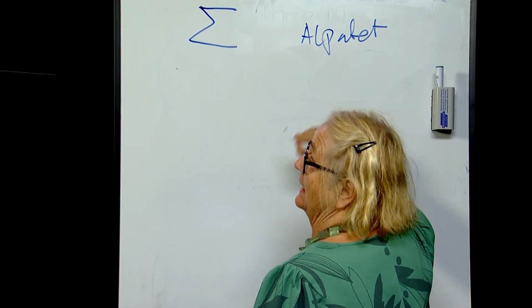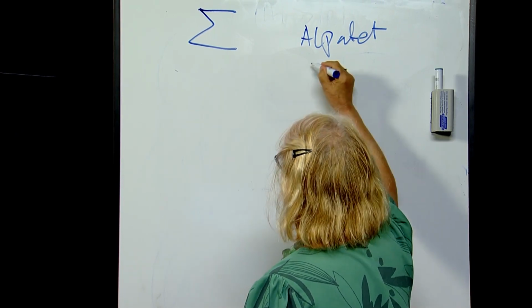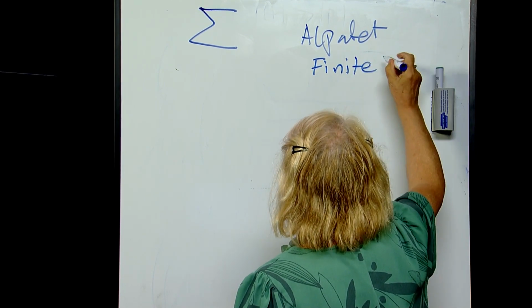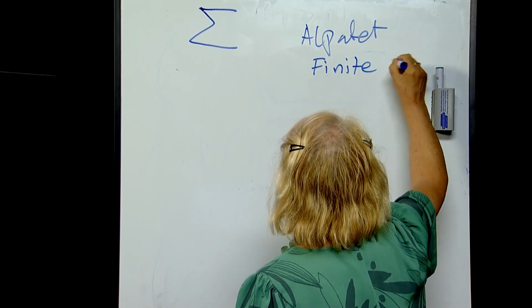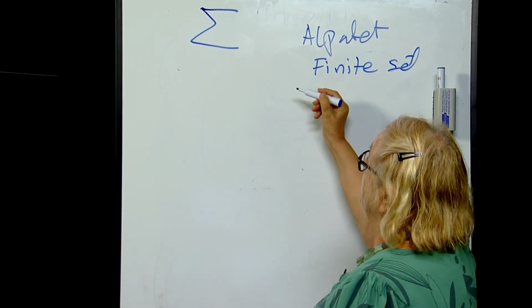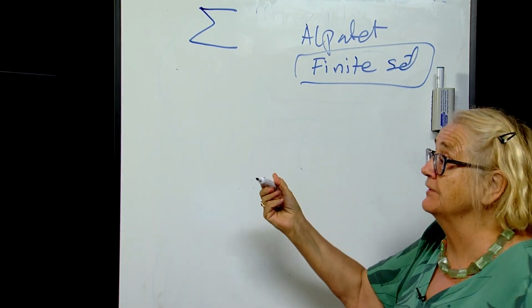So we can say that sigma is a finite set. And of course, in particular, a finite set can also be the empty set.